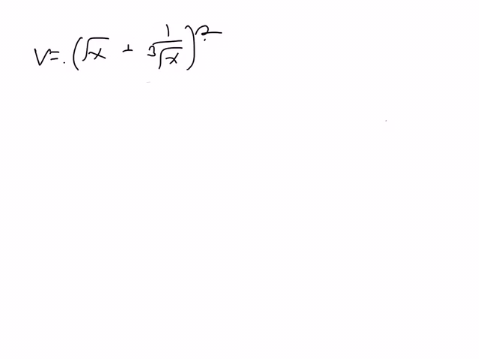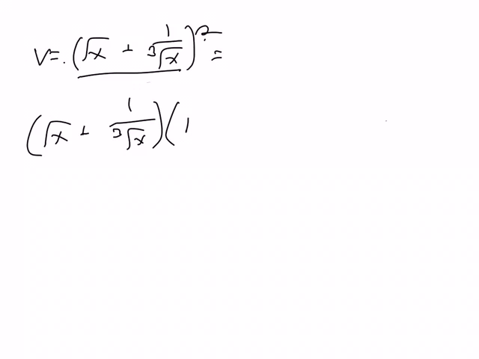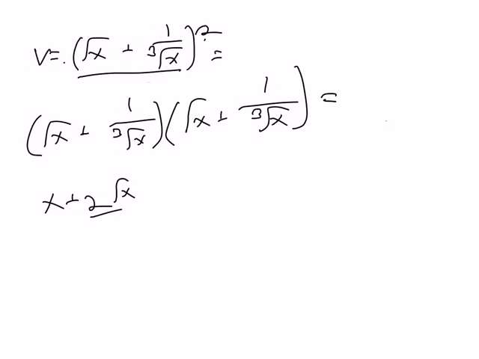we're just going to write out what this is. So this is going to be, okay, so square root of x plus 1 over square root of x to the third times the square root of x plus 1 over, not square, the third root, whatever this is called, is equal to x plus 2 square root of x over x to the third, right?